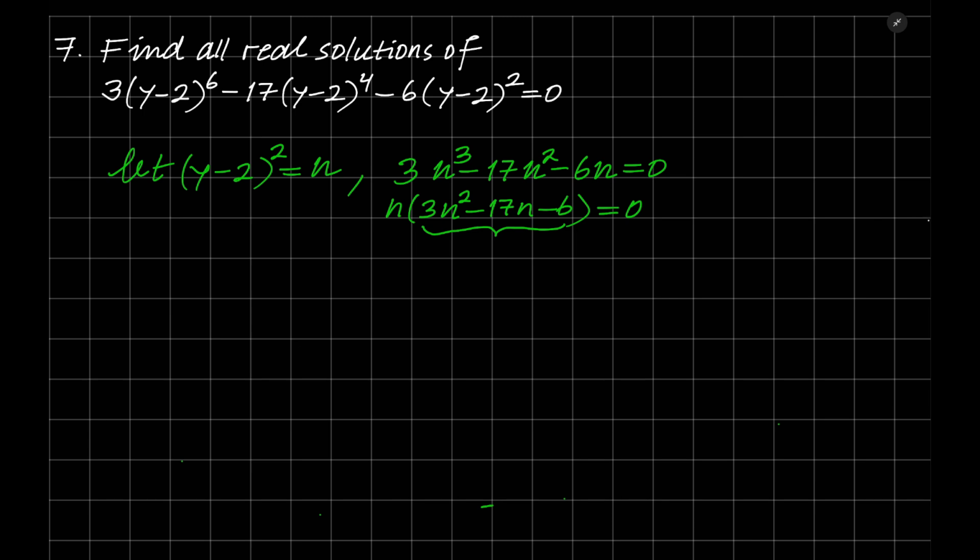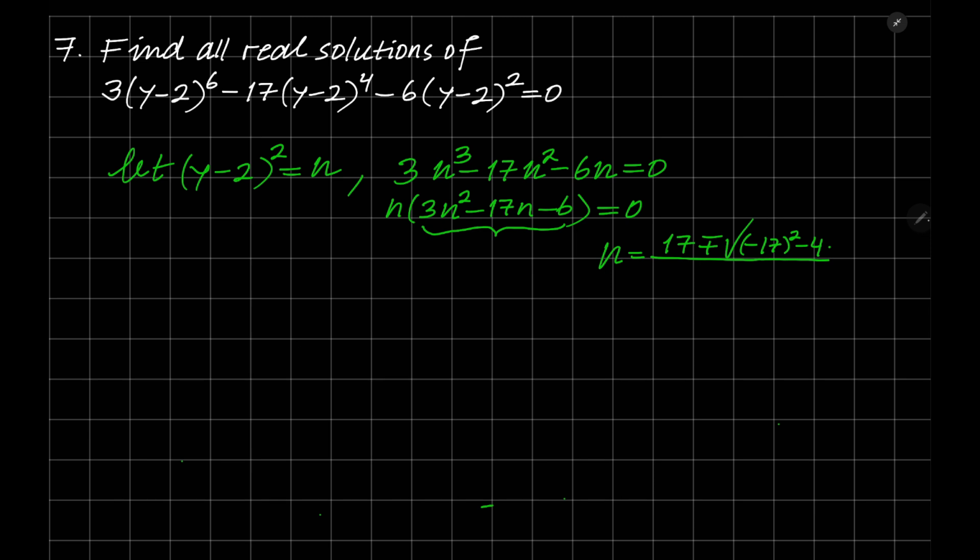We can solve it using the quadratic formula: n is equal to minus b, it's 17, plus minus the square root of b squared, negative 17 squared, minus 4 times a times c.